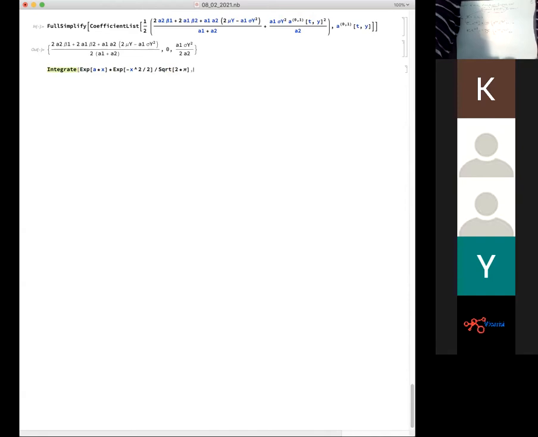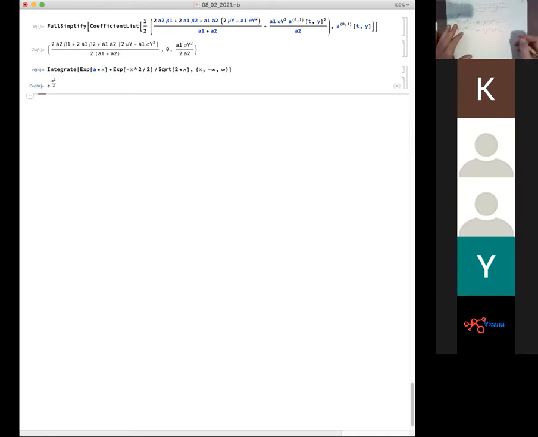This was the moment generating function, and we want to integrate x from minus infinity to infinity. So we ask Mathematica to do it, and you get this exponential.